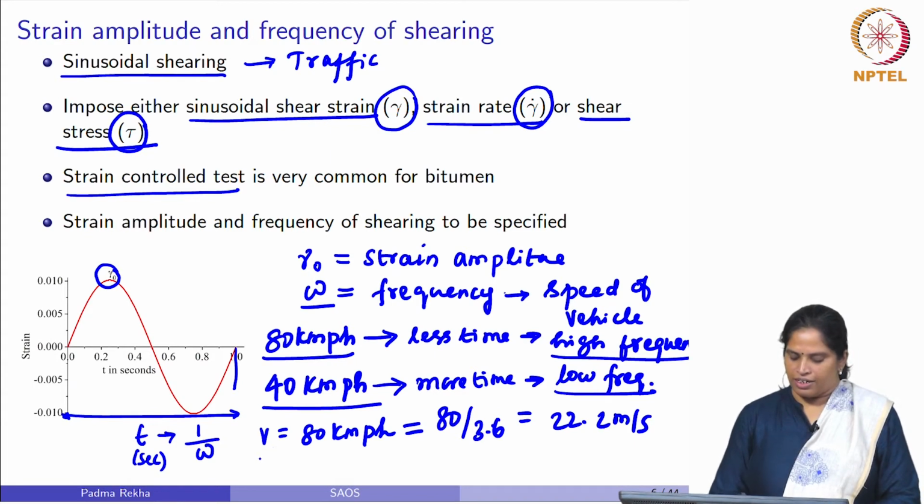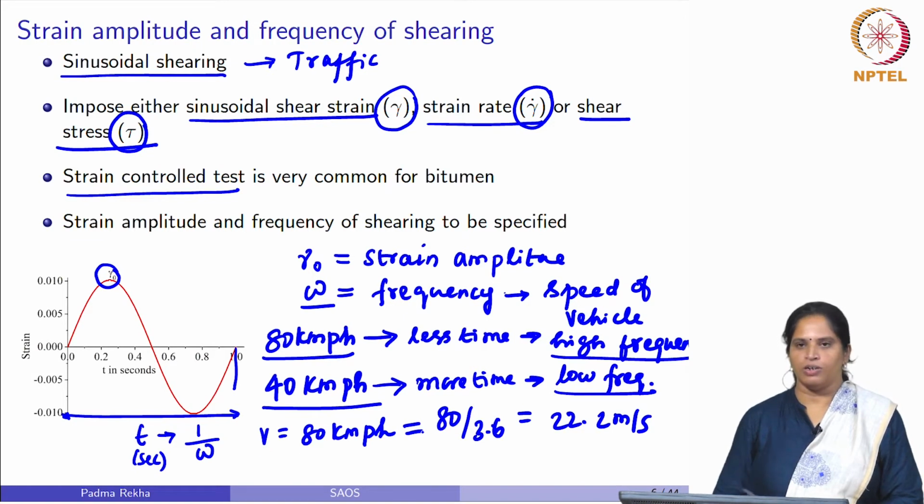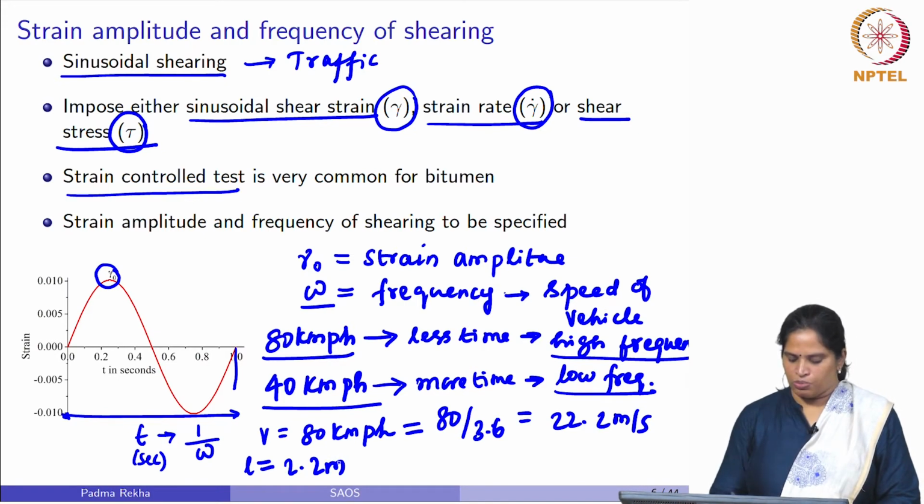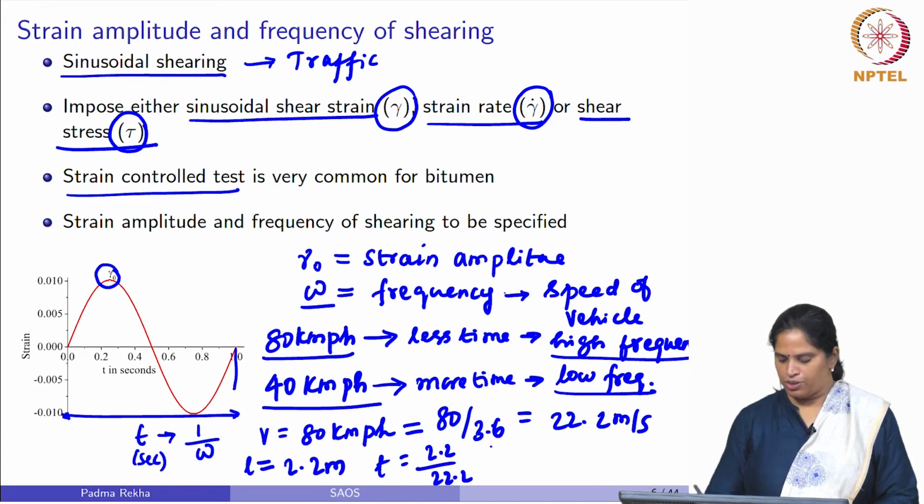Let us find the time of contact which the vehicle running at 80 km per hour has with the pavement, when the length of contact is say 2.2 meter. If the length is 2.2 meter and the speed is 22.2 meter per second, the time of contact will be 2.2 divided by 22.2, which is approximately 0.1 seconds.